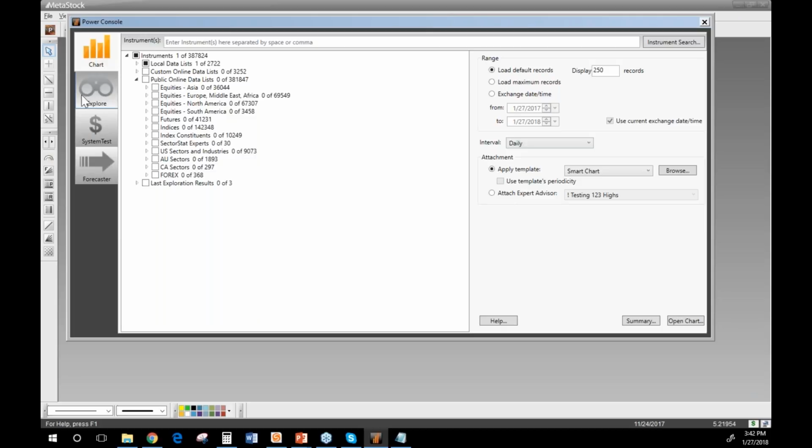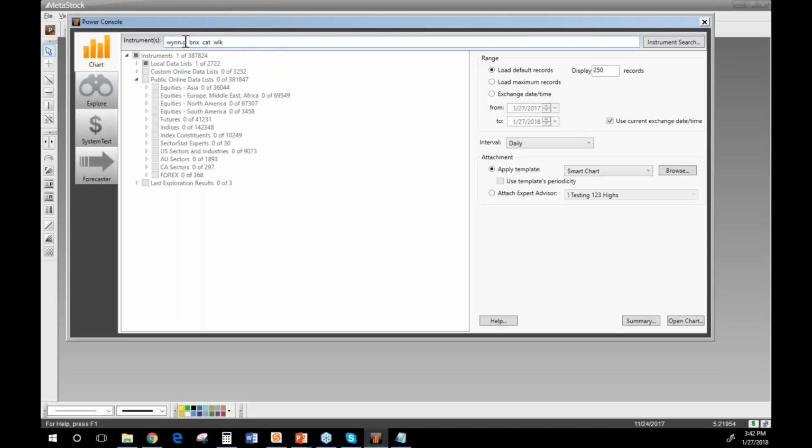We call it the Explorer. It allows you to scan through a big list of stocks, like all the ETFs, and find the best ones today. This is our tester. It allows you to test trading ideas. And this is our forecaster here. We won't really have the time to talk about all of those tools, but they're there, and they're very, very good.